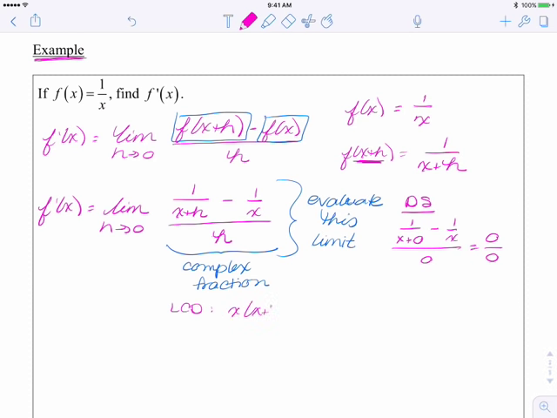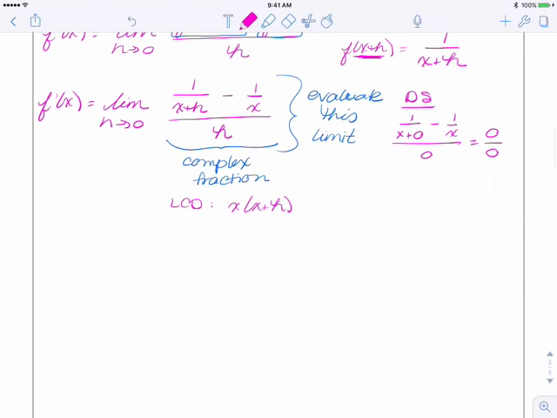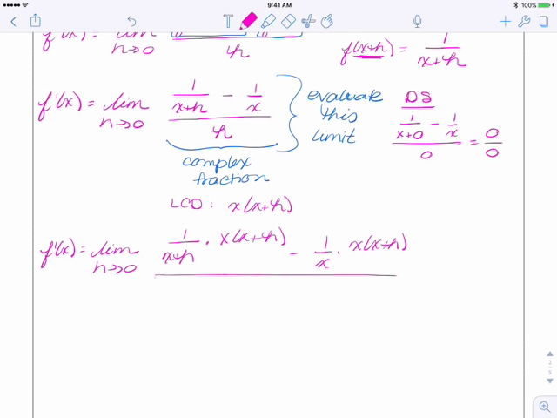In this case, that's x times the quantity x plus h, and I multiply each term of the complex fraction by that least common denominator. So 1 over x plus h gets multiplied by the least common denominator. 1 over x gets multiplied by the least common denominator. And the h in the denominator gets multiplied by the least common denominator.